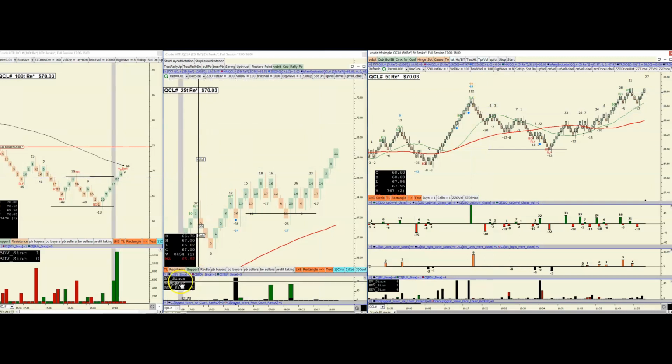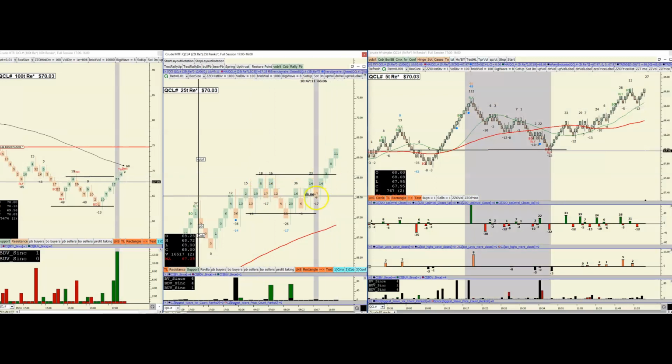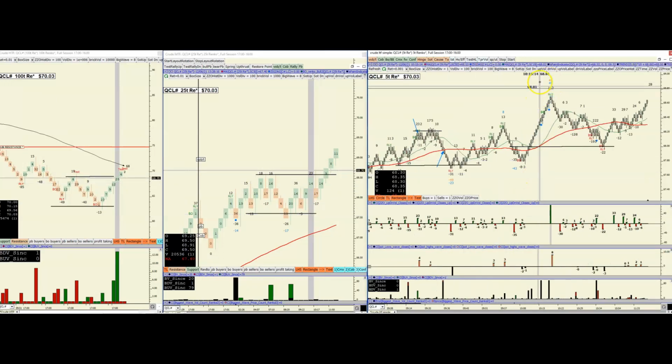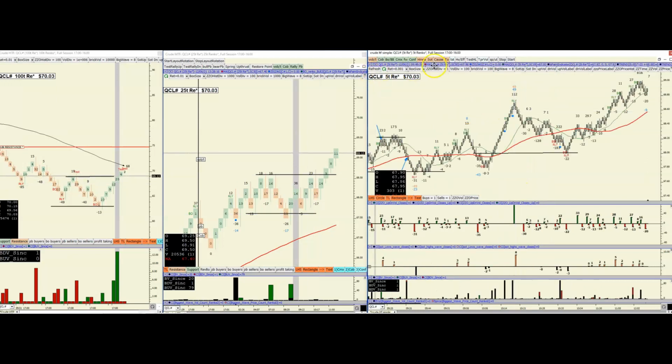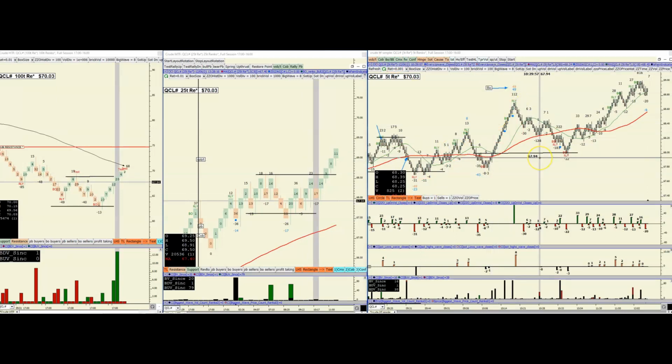On the left-hand side, it's actually a breakout. And it pulls back, but it's a breakout. The high volume here at the top is an indication of a breakout, not a climax.